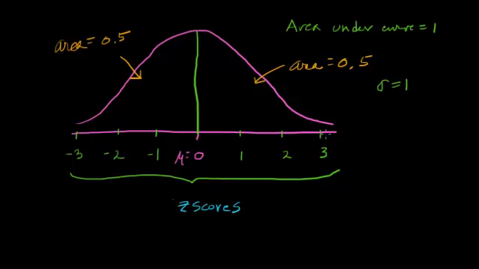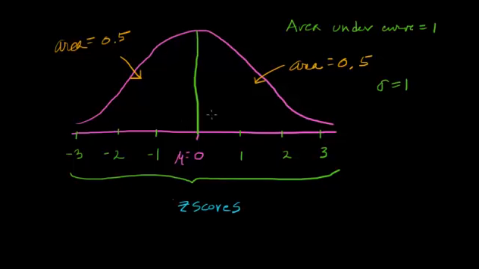We could continue out to +4, +5, -4, -5, but since our curve gets very close to the horizontal axis at that point, there's just a teeny bit of area out that way. It's extremely small, and there's no real point to go out much further than 3 standard deviations. And of course, most of the data, and thus most of the area, is centered around the mean.